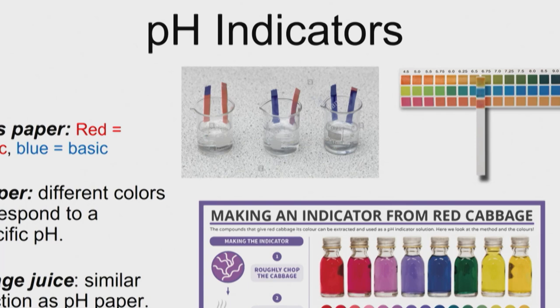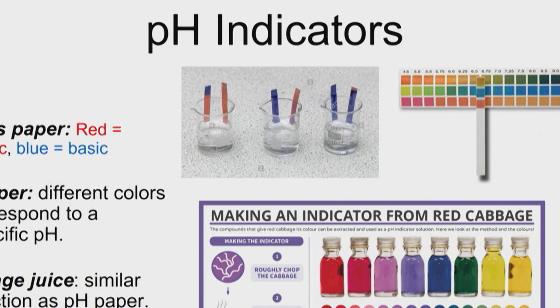Finally, we are able to make different solutions for a pH indicator. And there's actually one third grade science experiment here: you can make an indicator from cabbage juice. If you take red cabbage and boil it, the pigments in red cabbage actually respond, and the hydrogens bond to the pigment.